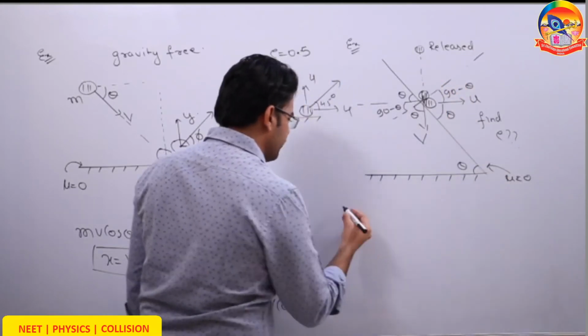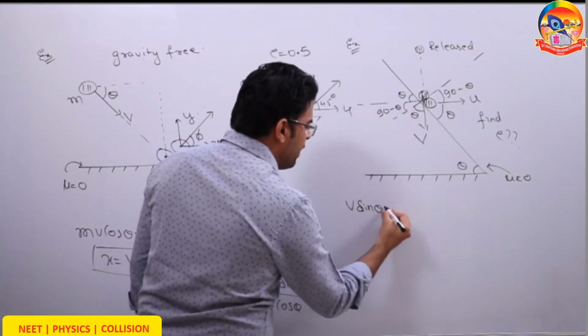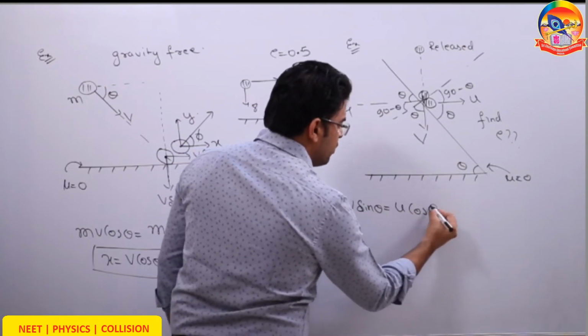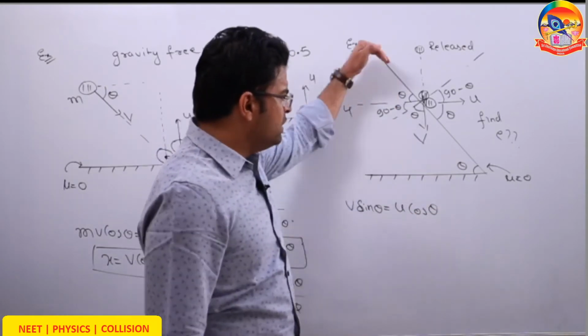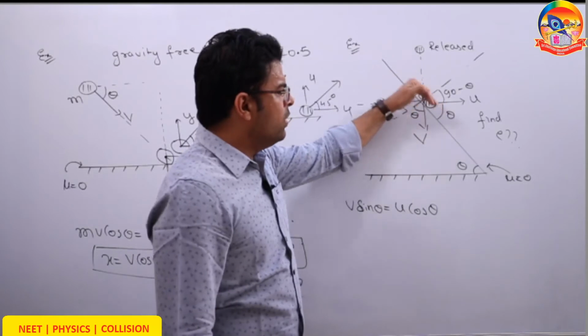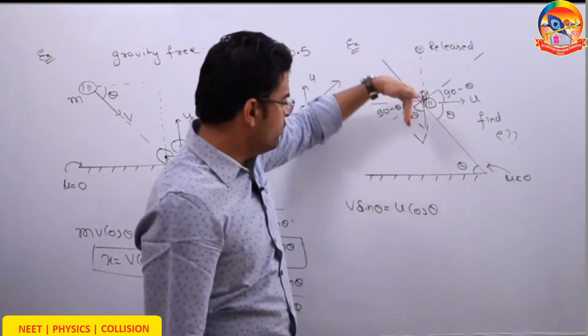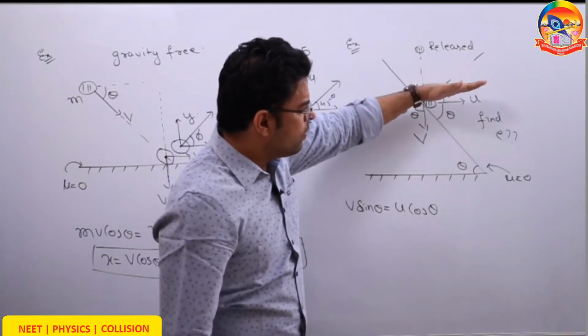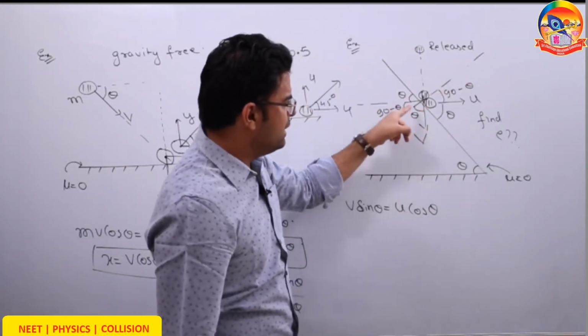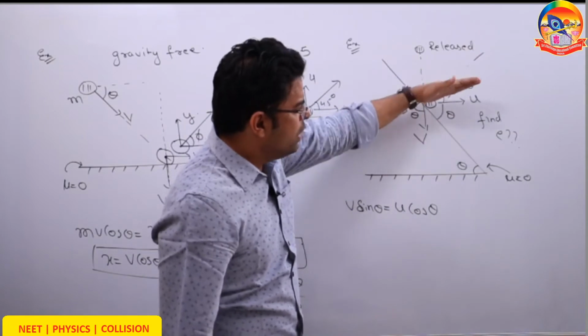Sir, what have you done? I have done the momentum conservation perpendicular to the normal, or along the surface of the incline, because in this direction no force acts. So v sin theta equals u cos theta. Here this angle is theta. v sin theta equals u cos theta.